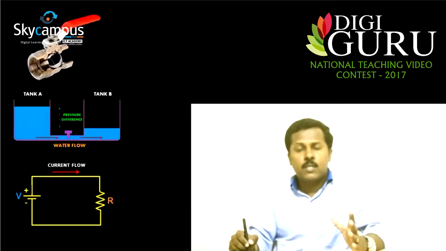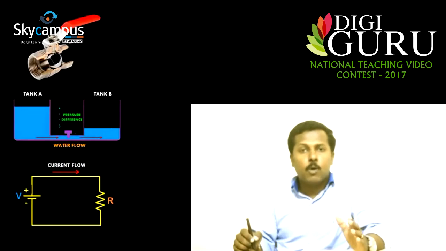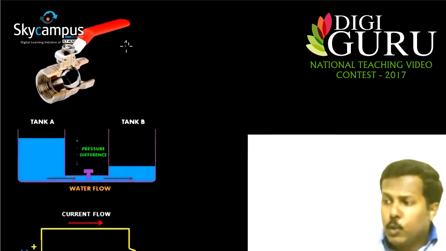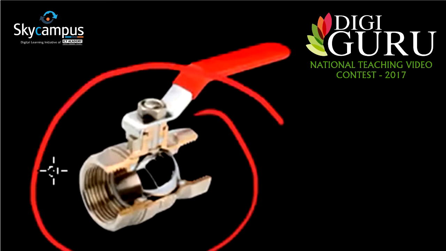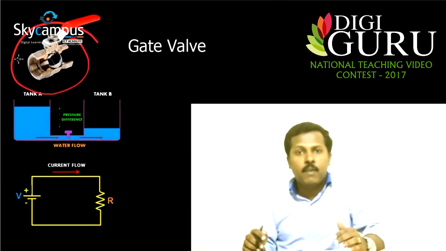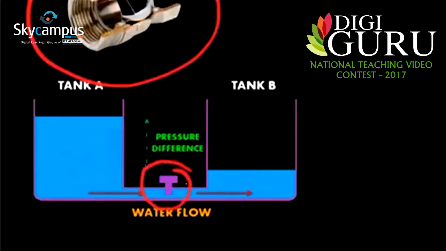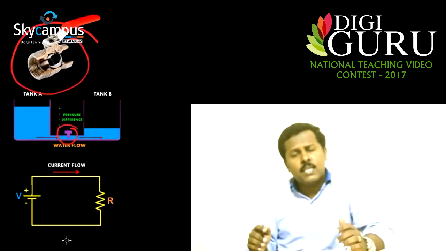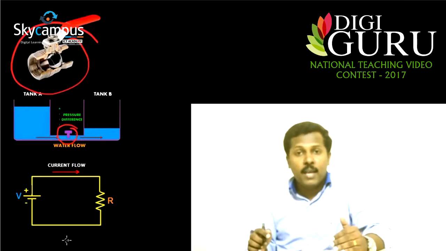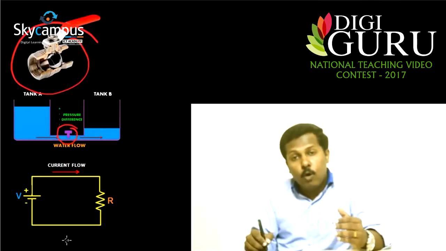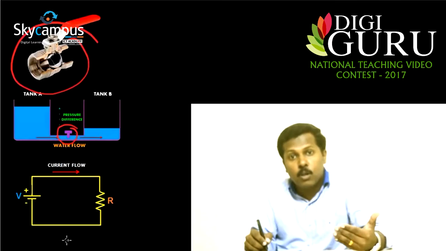Now consider a situation in which we need to purposefully control the flow of water. In that case, we need to use something like this, a gate valve. I hope you have seen this kind of gate valve in the water pipe connection systems at your home. So I have represented a gate valve using a T symbol here. A similar situation arises in electronic circuits also, in which we need to purposefully control the flow of current.